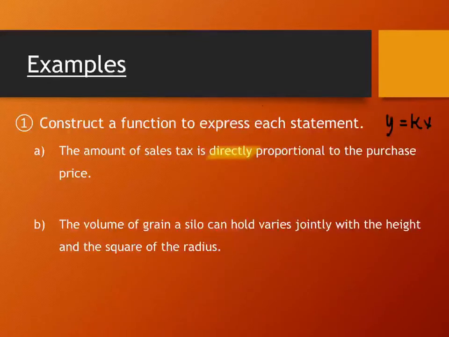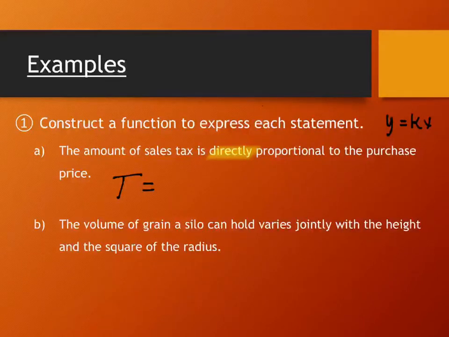So we kind of like to use variables a lot in this kind of thing that represent the quantity. For example, this says sales tax, so maybe you use the letter S or the letter T for sales tax. I'm going to go with T because S's tend to sometimes look like 5s. So I'm going to do T equals. The tax equals.